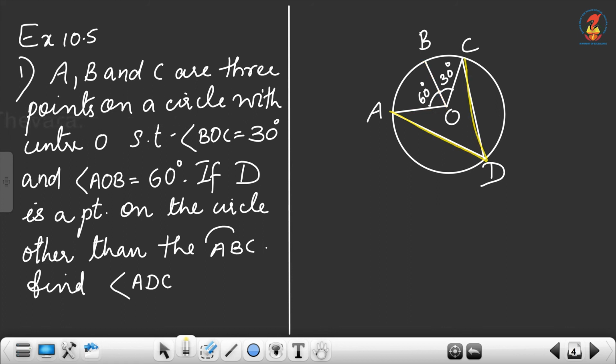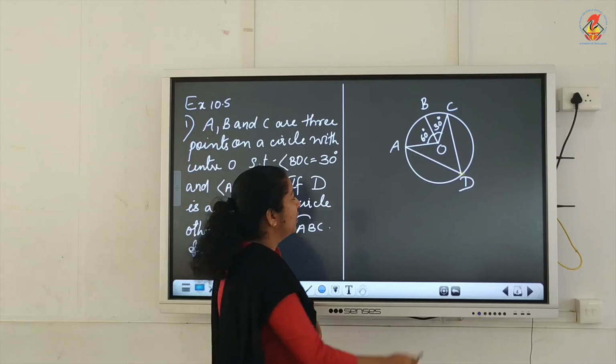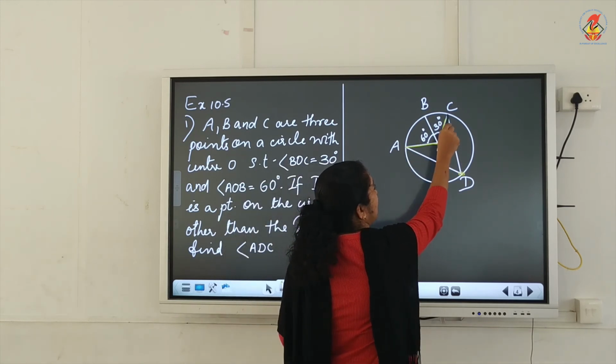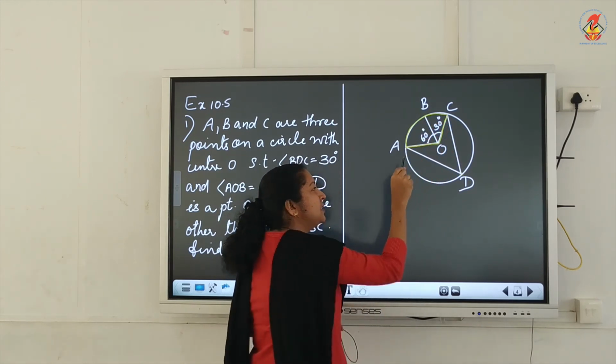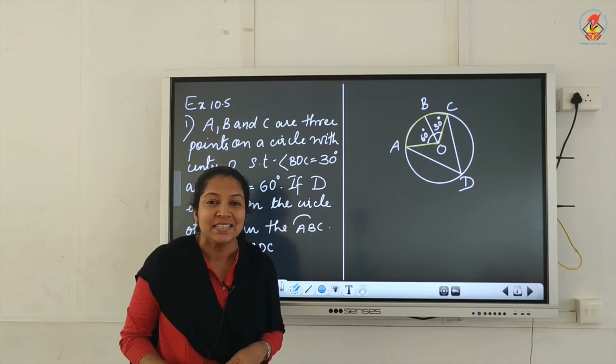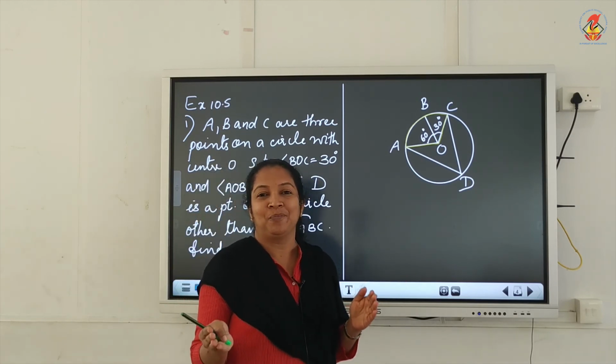Can you find it? This is the arc, and the angle made by this arc at any point D on the circle is angle ADC. What about angle AOC? It is the angle made by the same arc at the center. So what is the connection?